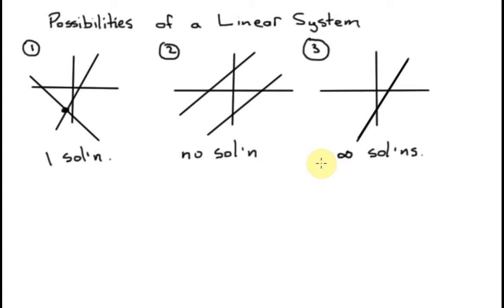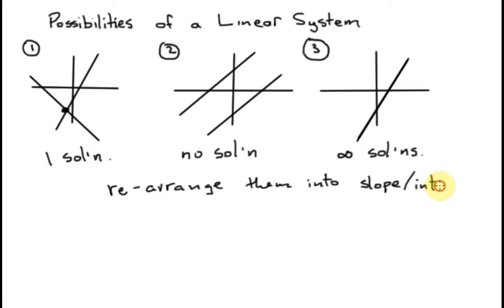So when you're looking at a linear system, how do you know what you got? Well, the easiest way in most cases is to rearrange them into slope-intercept form. Then it's really easy to see what you've got going on.